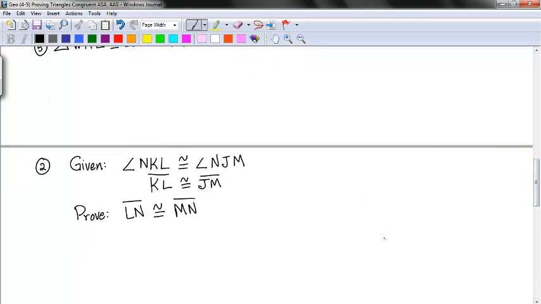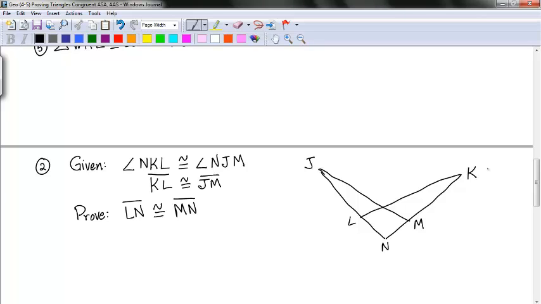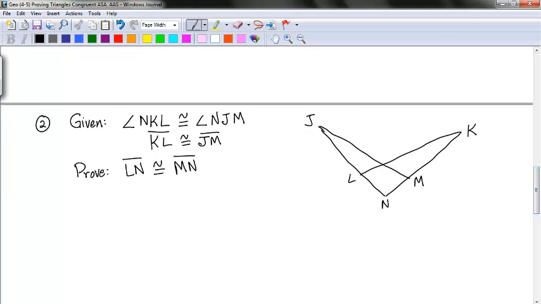Okay, now here's the picture. Start with kind of a V. Label this as J. This is point L. This is N. This is M. And this is K. Now, what do they already give us?